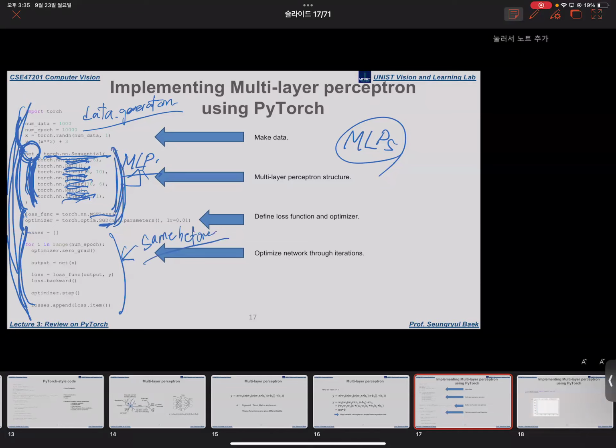So even though your network is now an MLP rather than a linear regressor, the updating code is not changed at all. The loss function and optimizer are also not changed. Only the data generation part is changed because we will use different data. And this network part is also changed, but it seems very simple. So using this kind of code, you can train an MLP to deal with this kind of data. I will explain this on Wednesday.